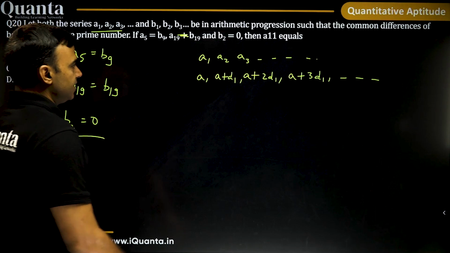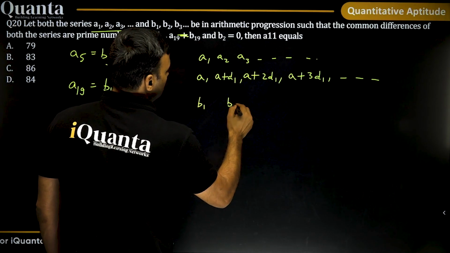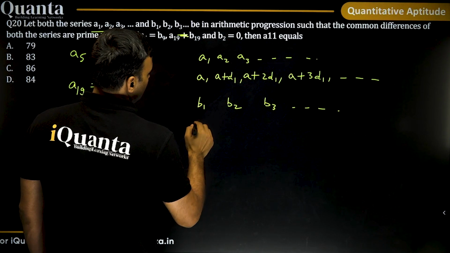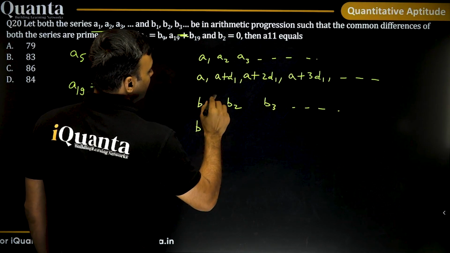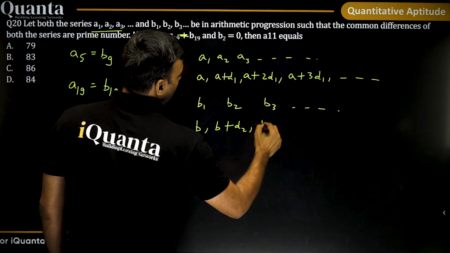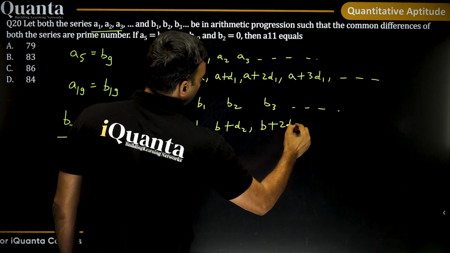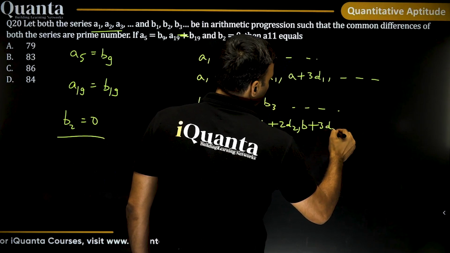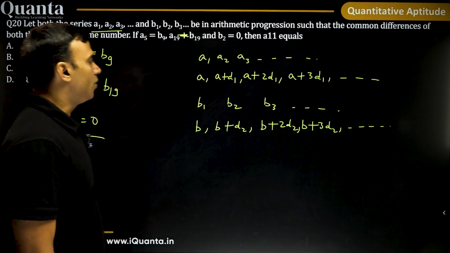Similarly for B1, B2, B3, we take the first term as B and the common difference as D2. So B plus D2, B plus 2D2, B plus 3D2 and so on.